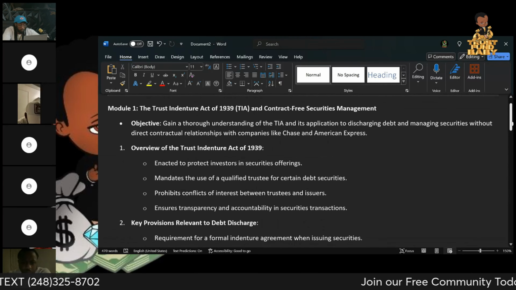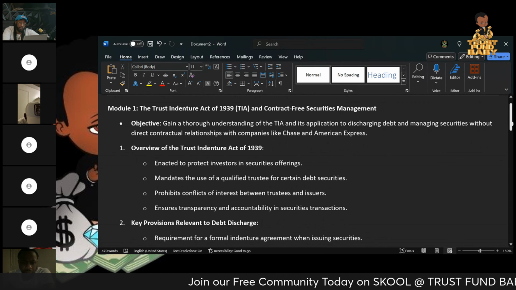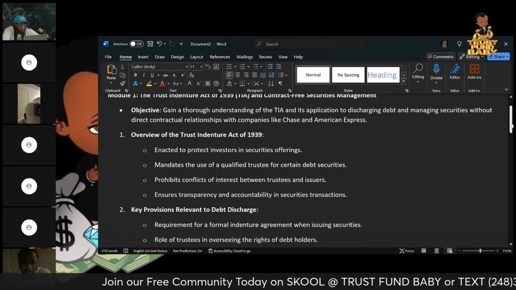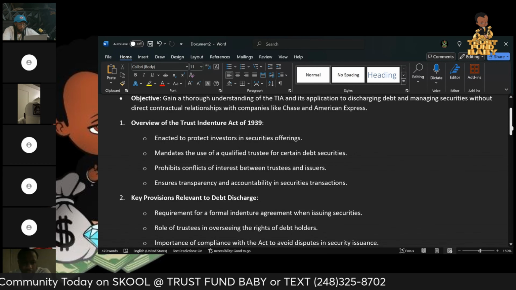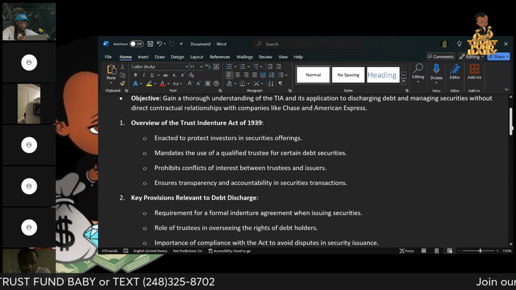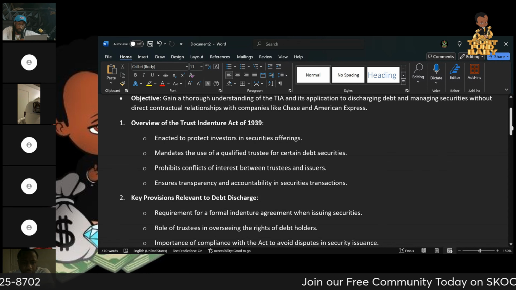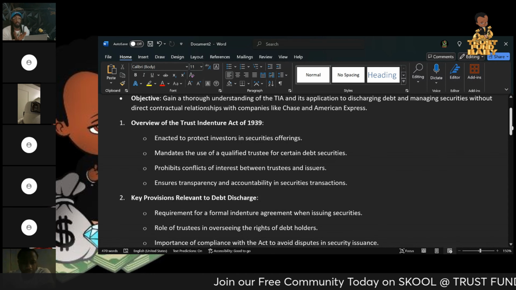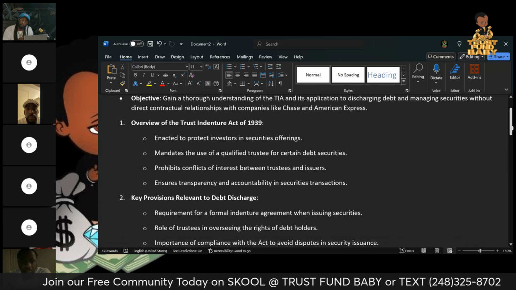So, Trust Indenture Act of 1939, the TIA. Overview of the act. Enacted to protect investors in security offerings, mandates the use of a qualified trustee for certain debt securities. So that's why you have to find the trustee. The trustee is responsible for handling all securities.